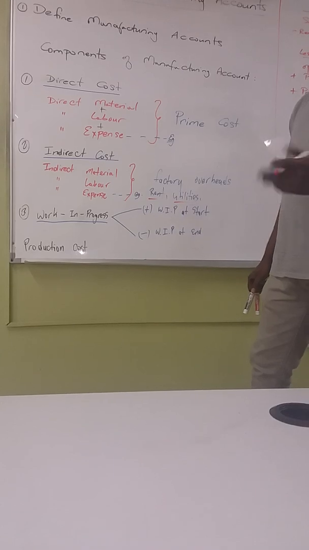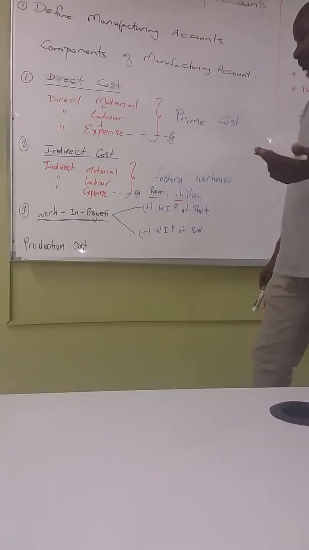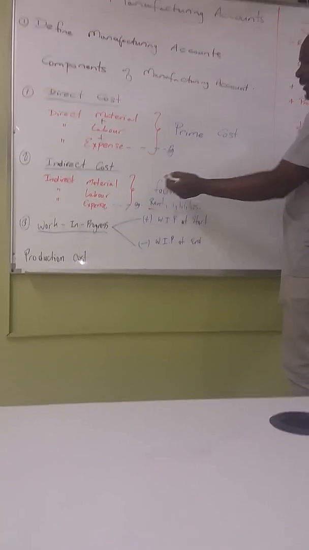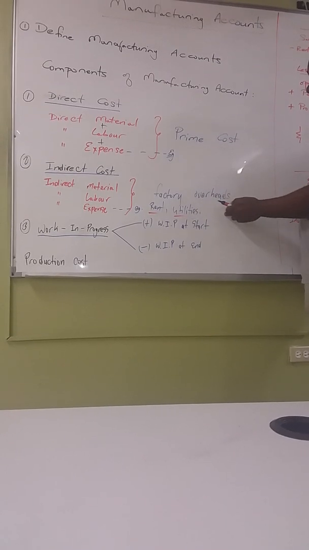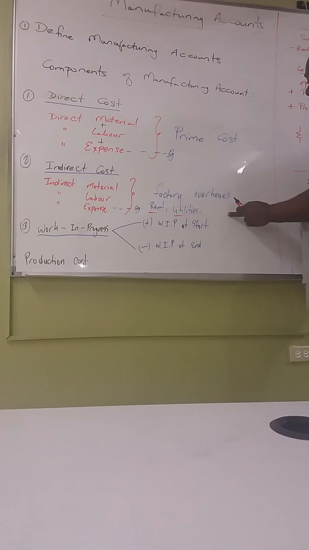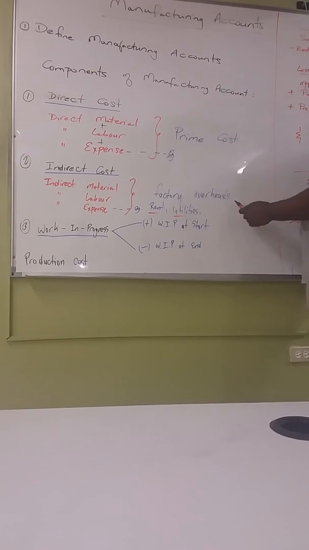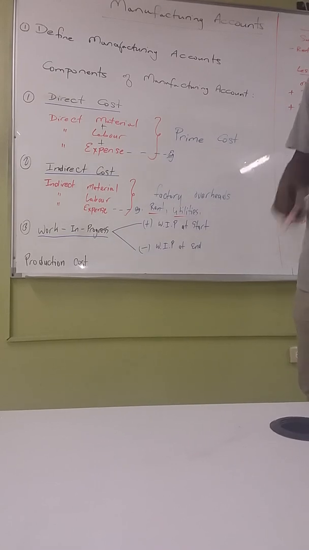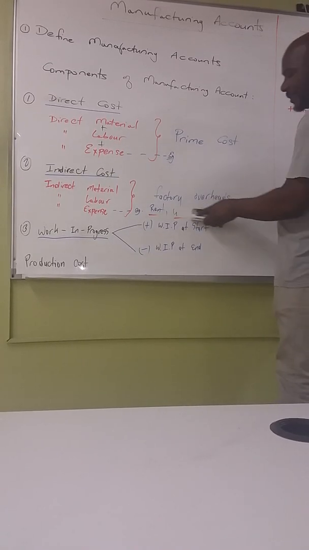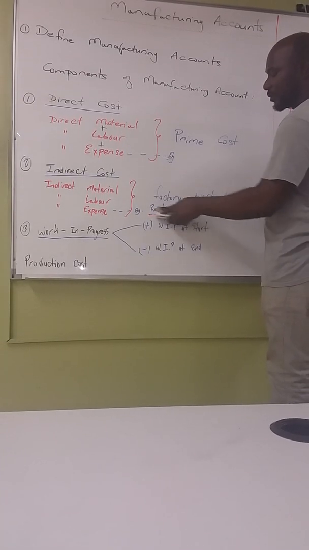You may not be able to readily trace them back to production. So rent, utilities, depreciation on factory equipment or machinery, security costs, etc., all fall under the category of indirect expense.